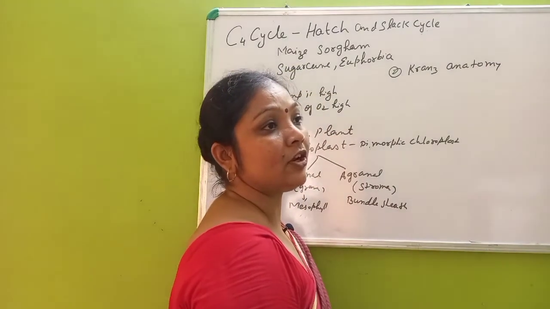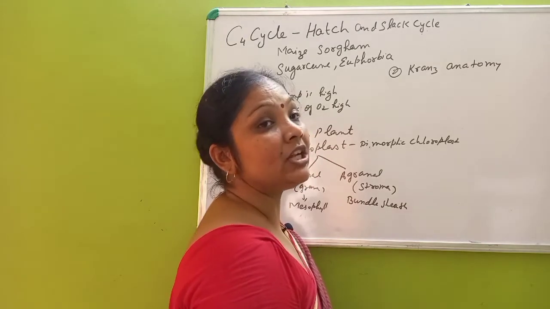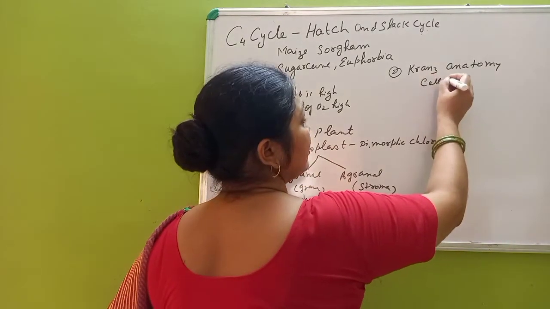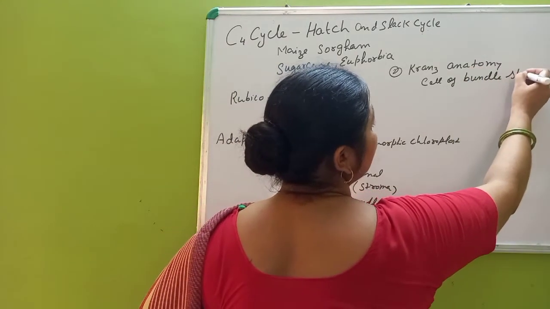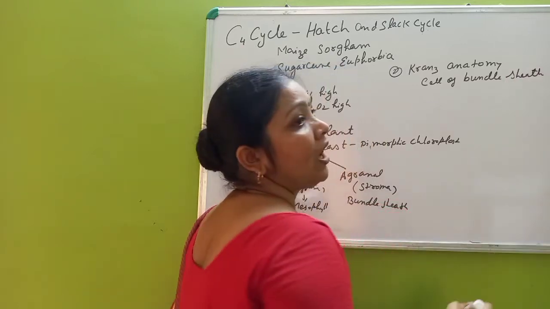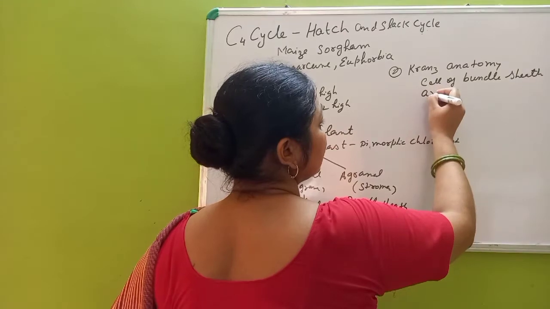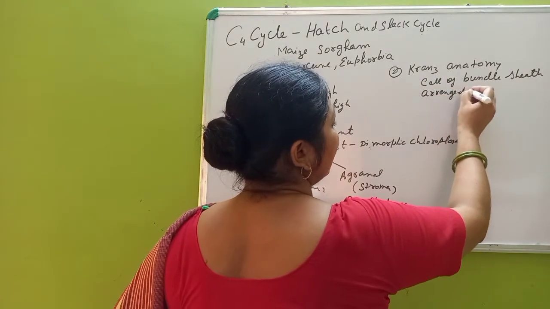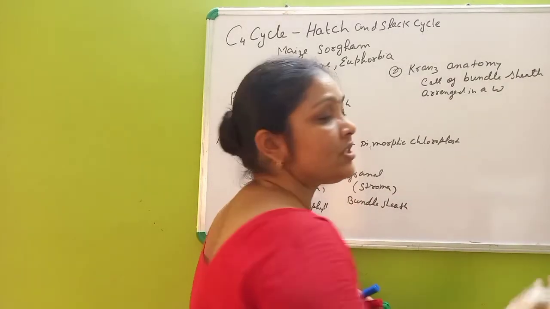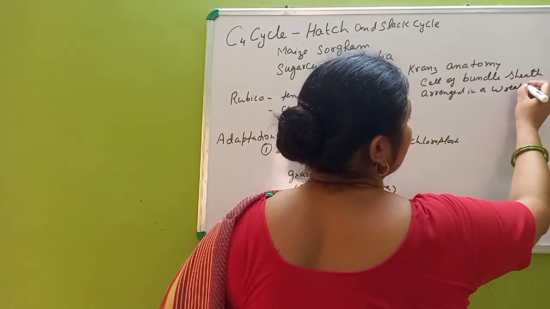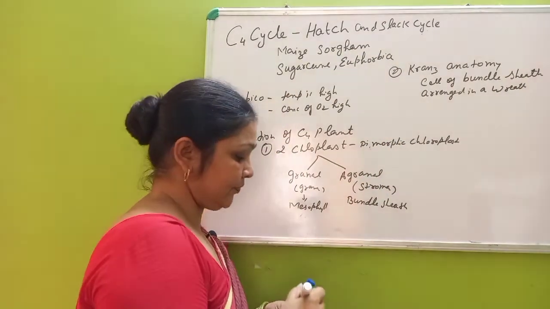They show Kranz anatomy in the leaf, that is, the cells of the bundle sheath are arranged in a wreath-like manner. Wreath-like manner means they are arranged in a circular arrangement.